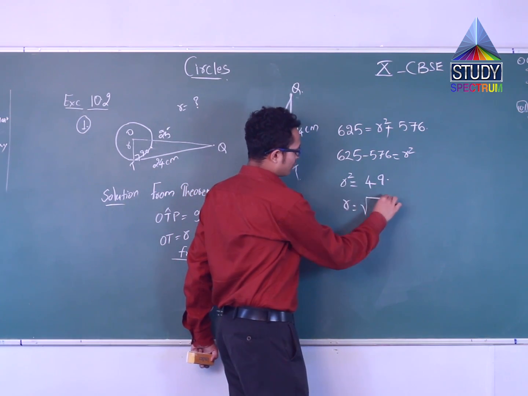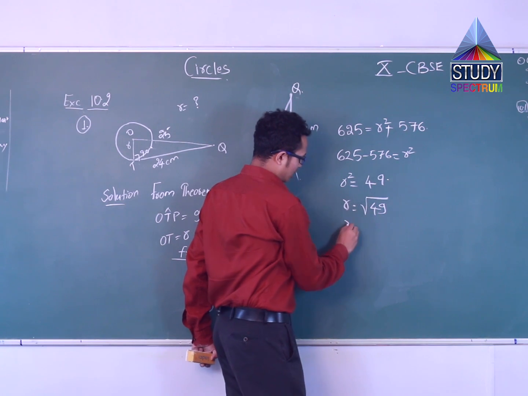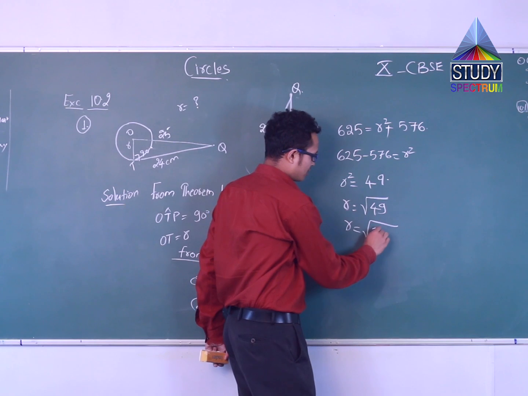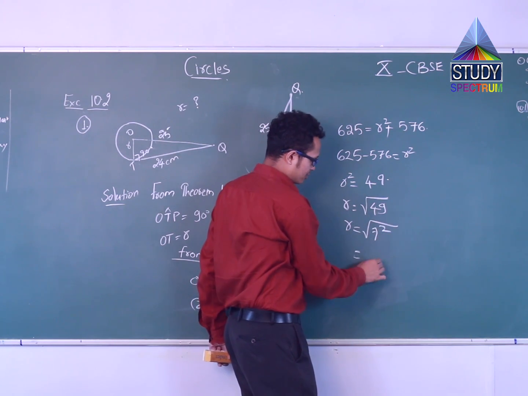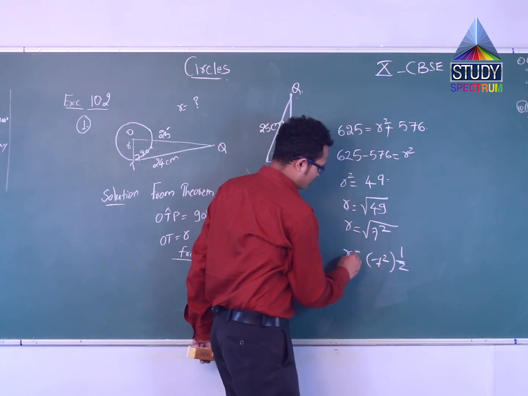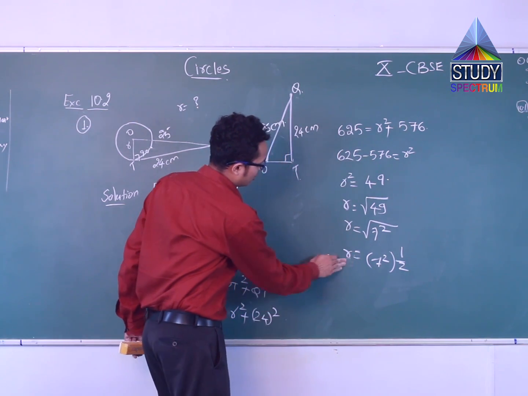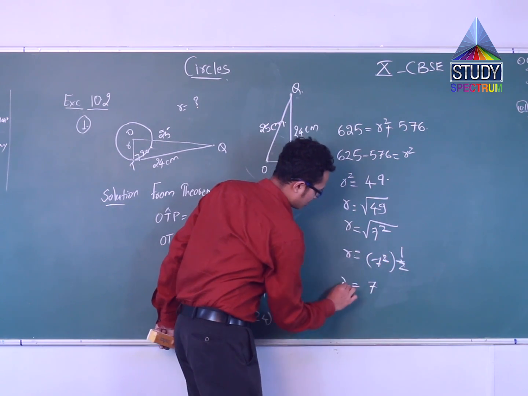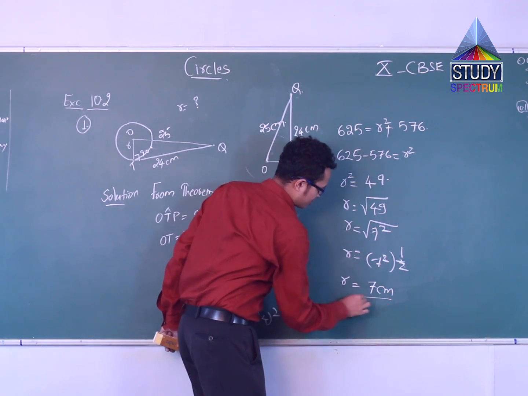R is equal to the square root of 49, which can be written as the square root of 7 square. The square root cancels, and this is equal to 7. R is equal to 7 centimeters.